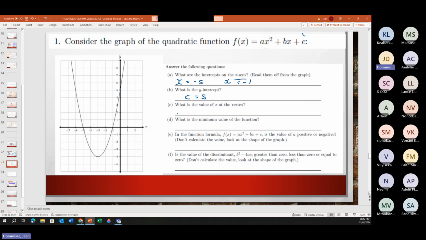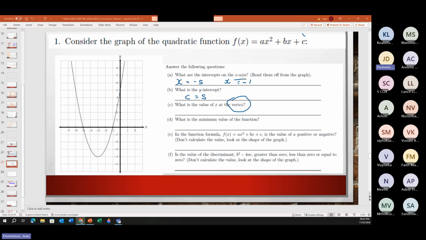Then they ask us, what is the value of the x at the vertex? Okay, haven't heard that term in quite a while. If you Google vertex, you will see that, and let's quickly Google it, because I would have said that is where it's the turning point.